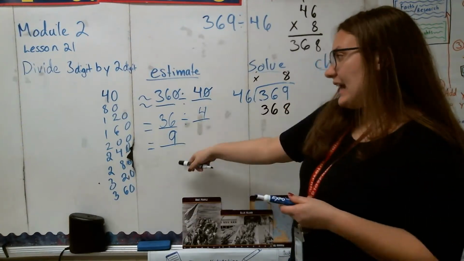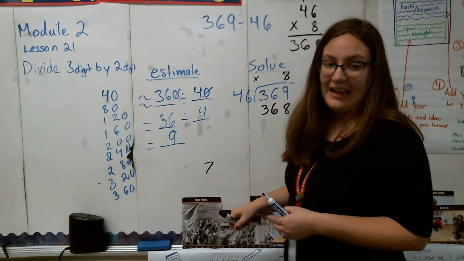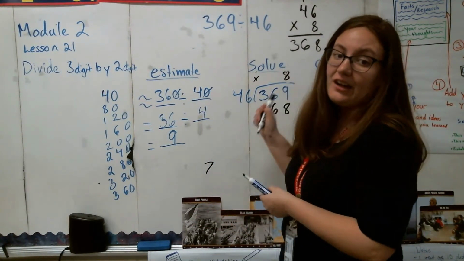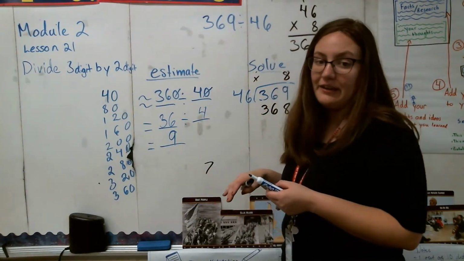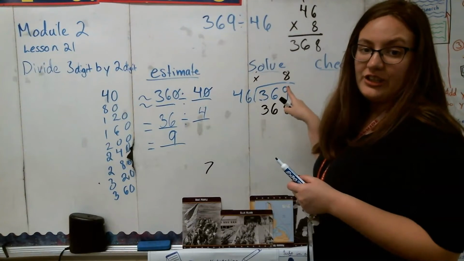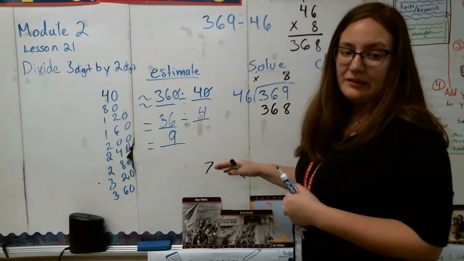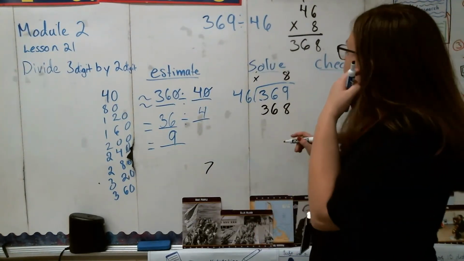Now, you can see that the estimate of 7 and the estimate of 9 show me that I was somewhere close to finding my answer, but not exactly. So I had one estimate that was 9, one estimate that was 7, but 8 actually is going to be part of my quotient, my final answer. So using the estimates kind of got us closer to what our final answer is eventually going to be.